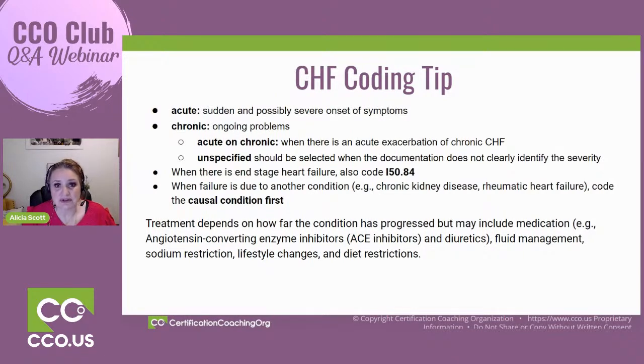You can have acute heart failure, and you can have acute on chronic, which you will see in the documentation. That's where the patient has CHF, but they have an acute exacerbation. So something has tipped the tide, and it's gotten worse suddenly. We have that in COPD. We have that in all kinds of other diagnoses that we look at.